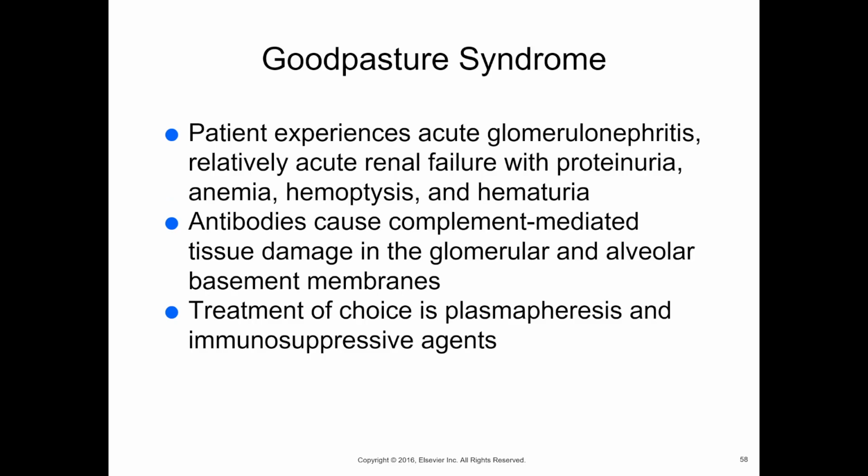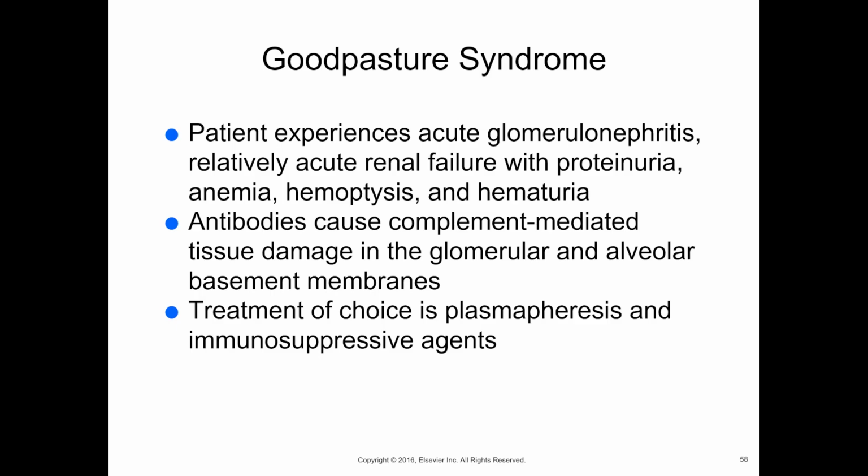Goodpasture syndrome is an autoimmune kidney disease characterized by the presence of antibodies against the glomerular basement membrane. You get acute renal failure, blood in the urine, systemic complaints related to decreased kidney function.